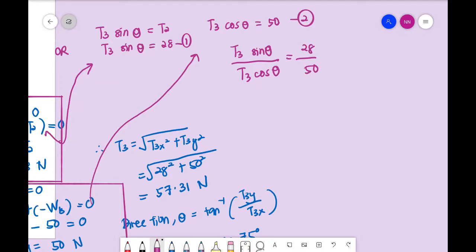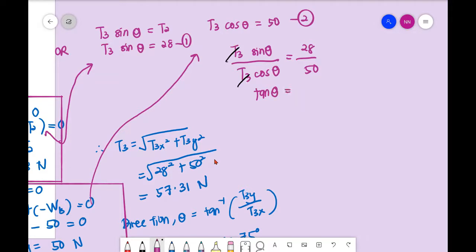So you can cancel the T3. Sin theta divided with cos theta equals to tangent theta.